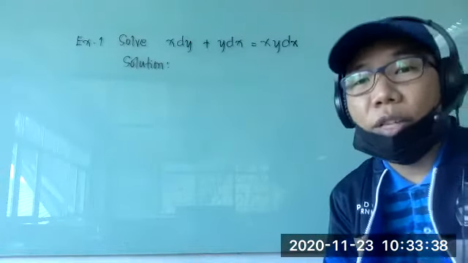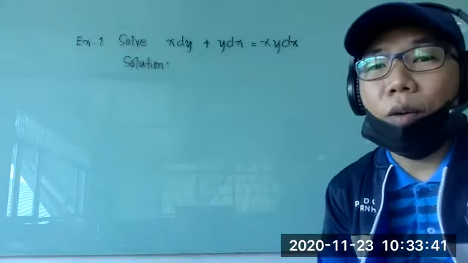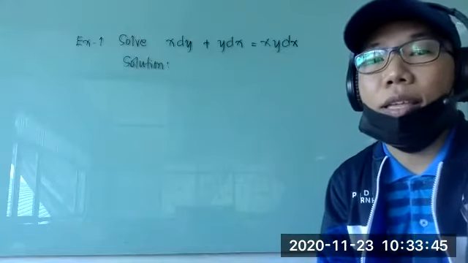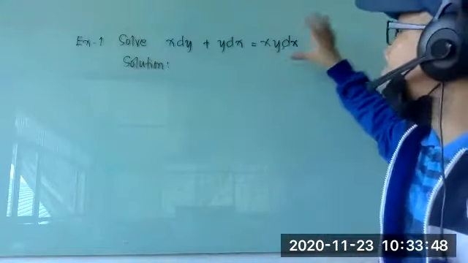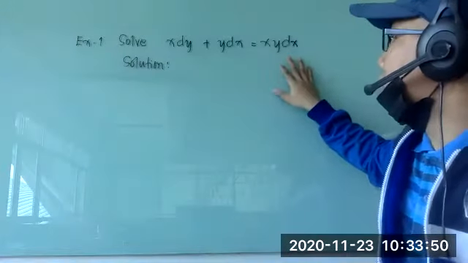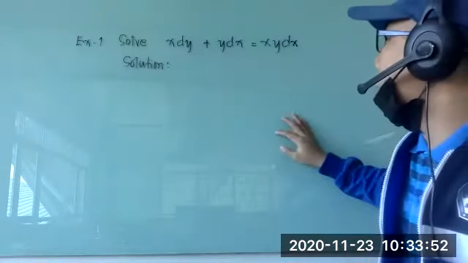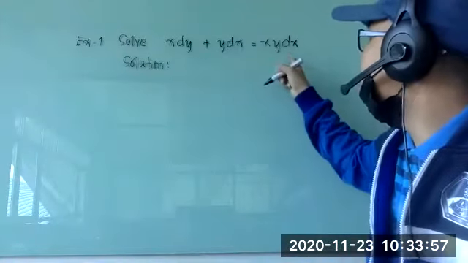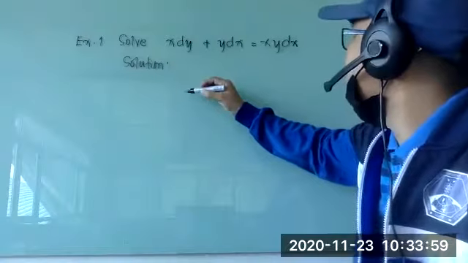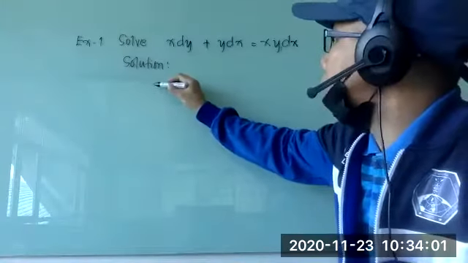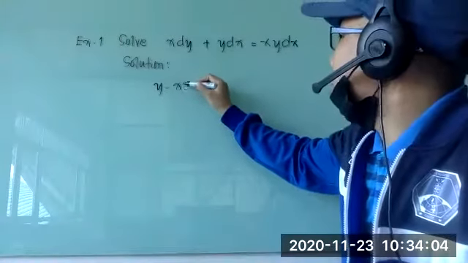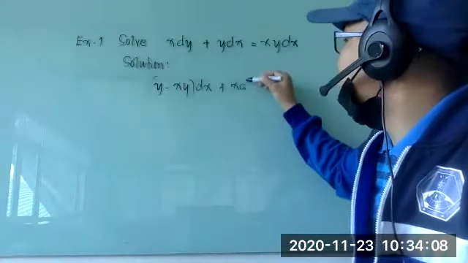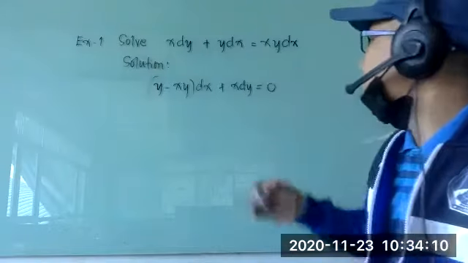Okay, so this is a first order differential equation. Now, we are going to arrange this in a form na m dx plus n dy. Okay, so what we will do is we transpose this part of the equation dito sa left-hand side. Okay, pagsamahin natin yung dx. So, if we transpose this here, magiging y minus xy times dx plus x dy equal to 0.